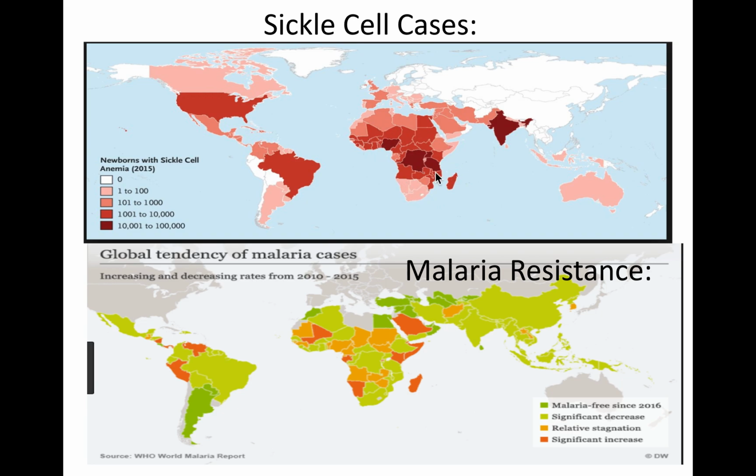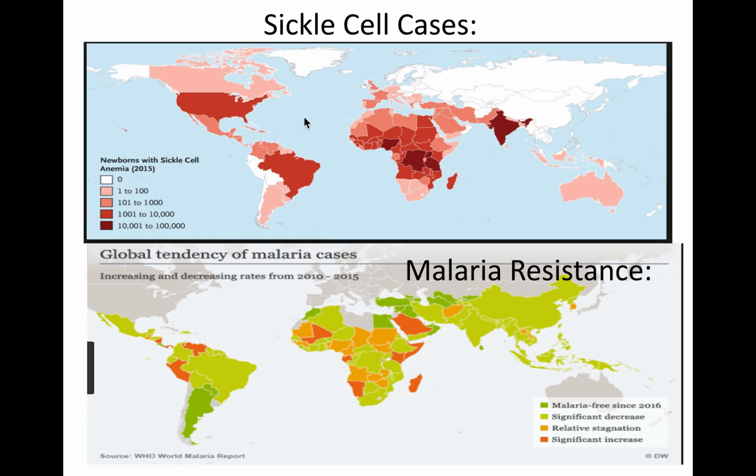But what they've found is that people who are carriers of sickle cell, not someone who completely has sickle cell, because sickle cell is recessive. If both alleles on that homologous pair are for sickle cell, then you're going to express it, and you're going to have sickle cell anemia, and it's deadly eventually.